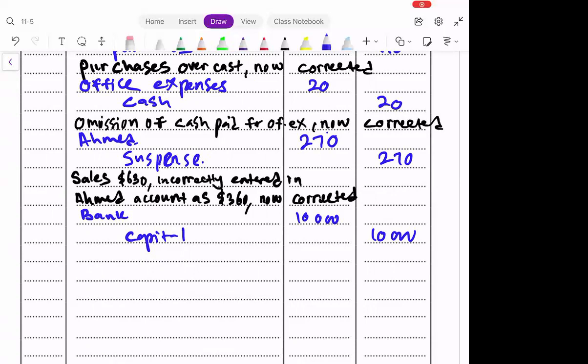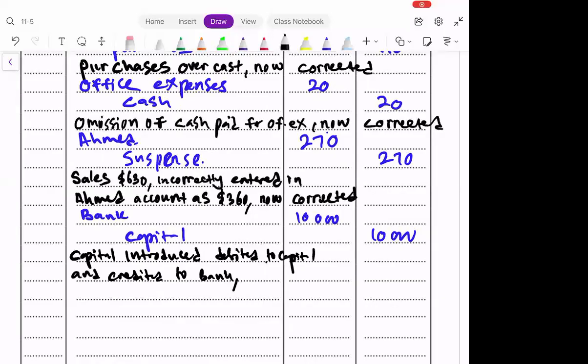Okay, this explanation is: capital introduced debited to capital account and credited to bank account, now corrected.